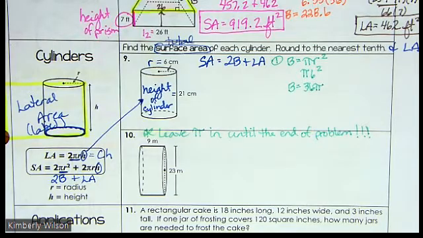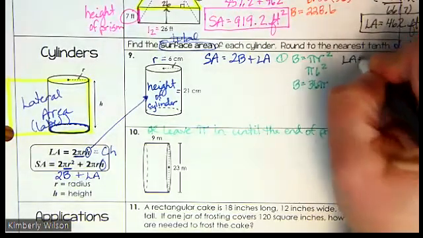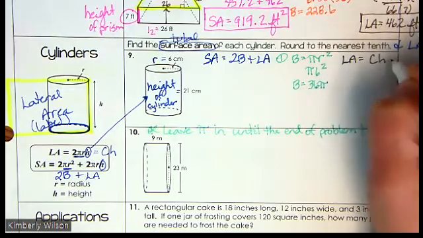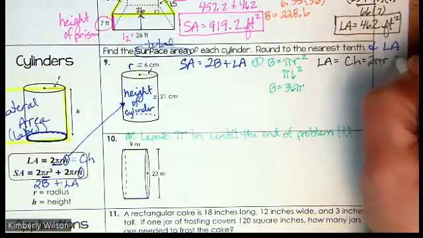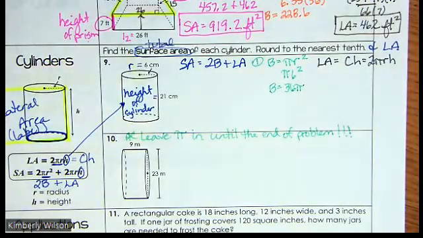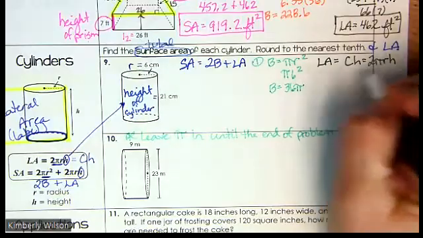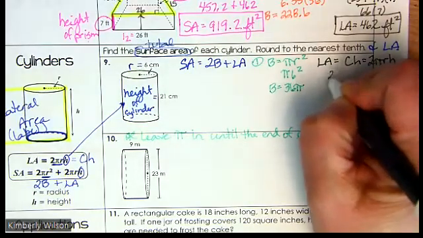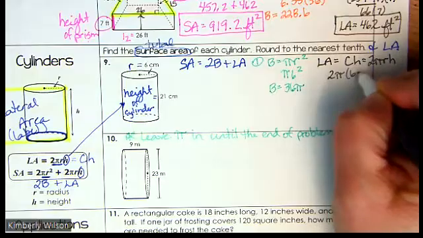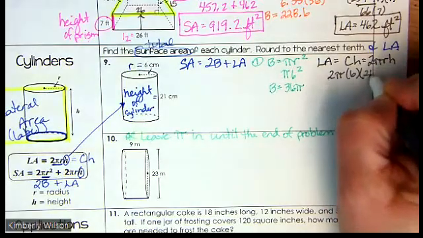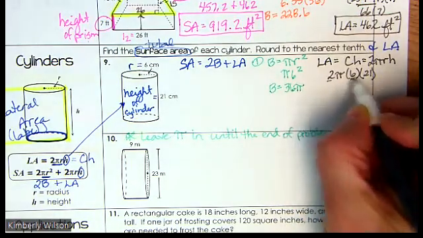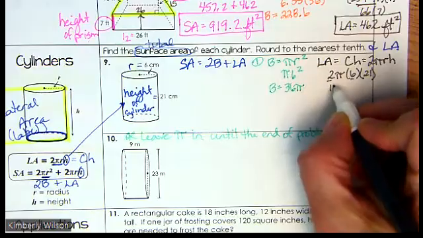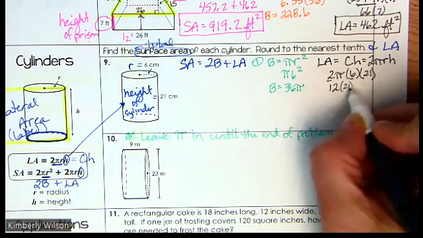Here we go. Now we're finding the lateral area, which for us is the circumference times the height, which can also be just 2 pi r h. So I've got 2 pi times 6 times 21. Since it's all multiplication, I'm going to multiply these two together first. So I'm going to have 12 times 21 times pi.